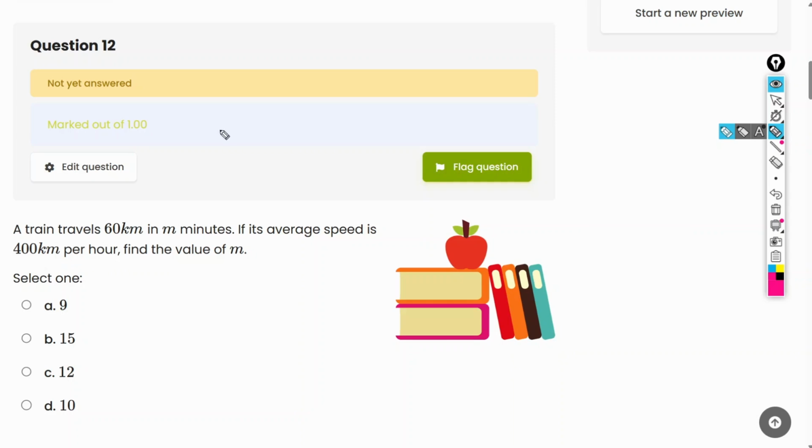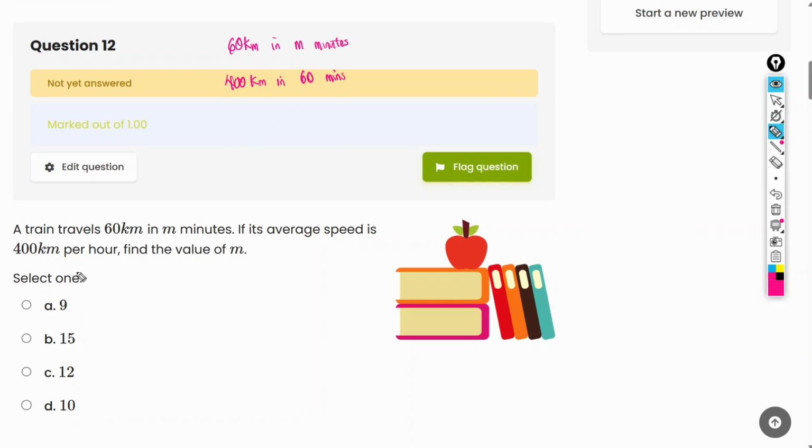All right, question 12. A train travels 60 kilometers in m minutes. So we are told that it covers 60 kilometers in m minutes, and we are told that the speed is 400 kilometers in, I'll go out on a limb and say 60 minutes.